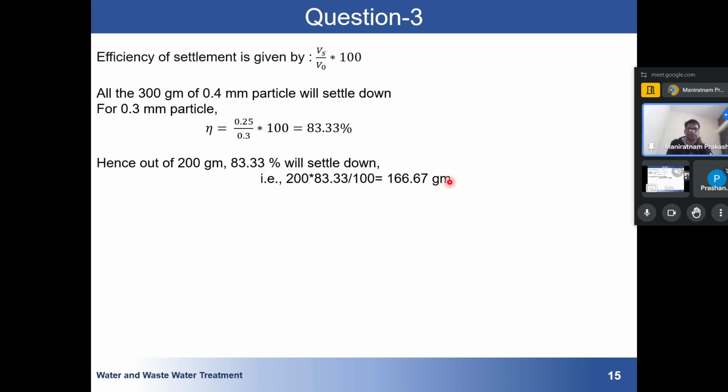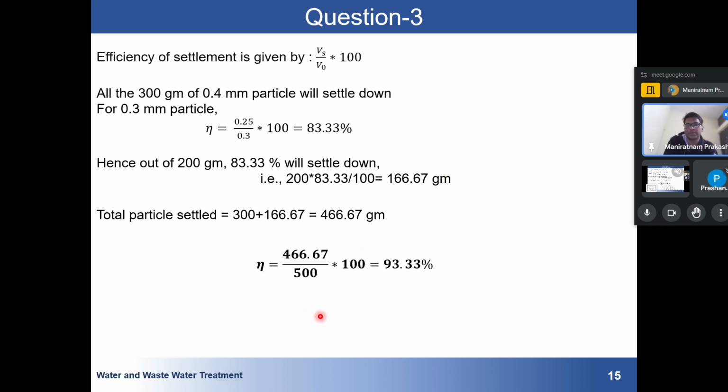So total settled particle will be 300 plus 166.67, that is 466.67 gram. And you know that total weight was 500. So the total efficiency of this tank will be how much has been settled divided by total, that is 93.33%. So this is the answer of this question: 93.33%.